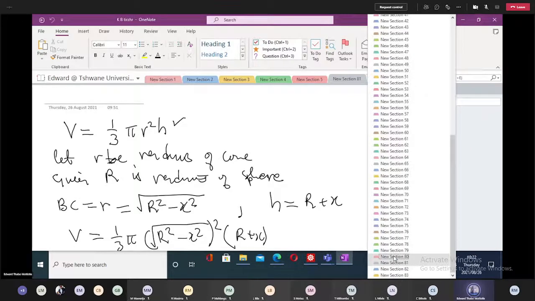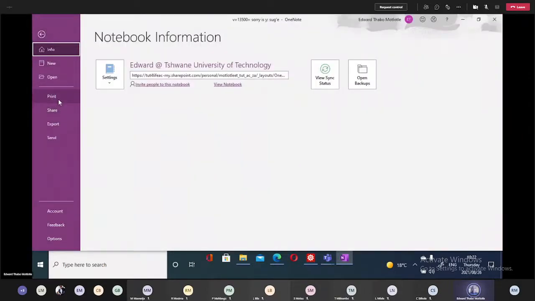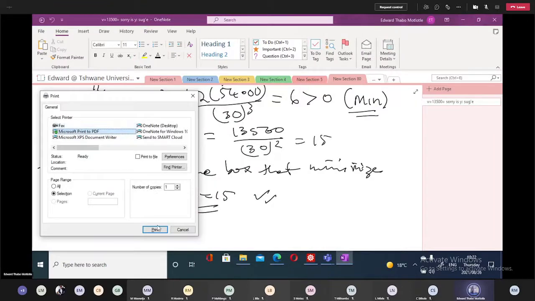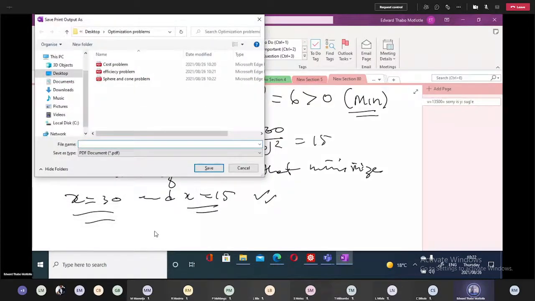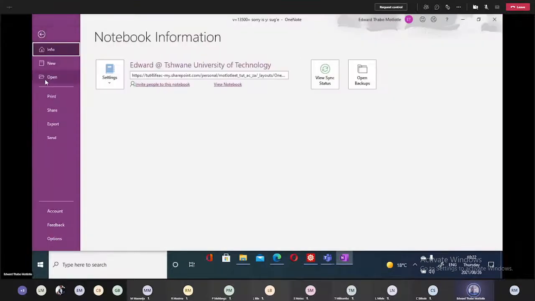Let's go to 80. Box. What's going on? I didn't see it printing.